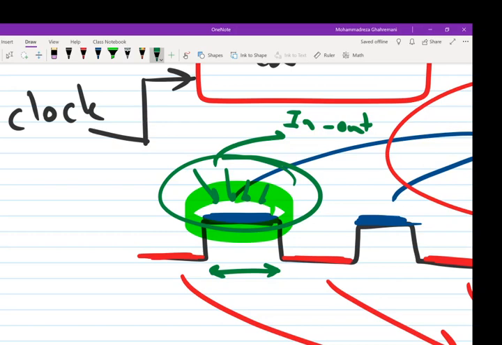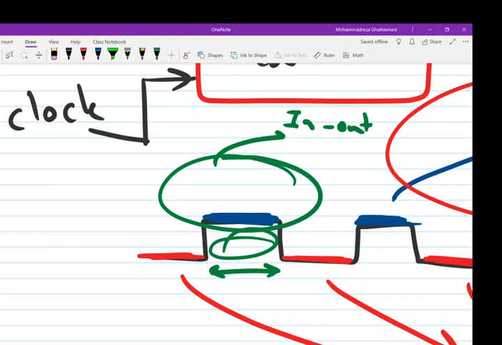If the input changes several times during this activation period, the output will change several times. But of course, during the deactivation period, the output is not going to change, it's constant.